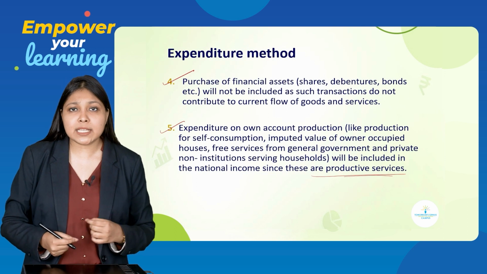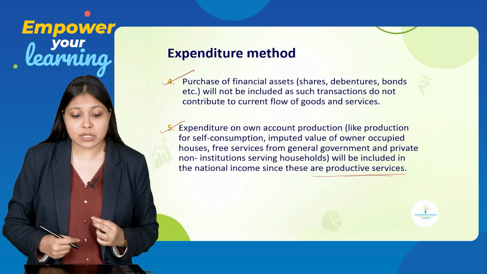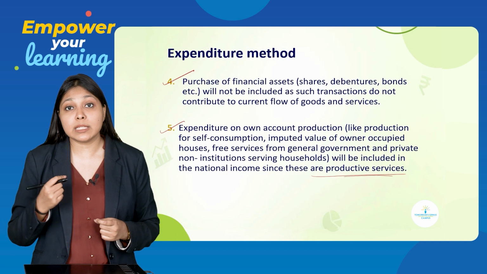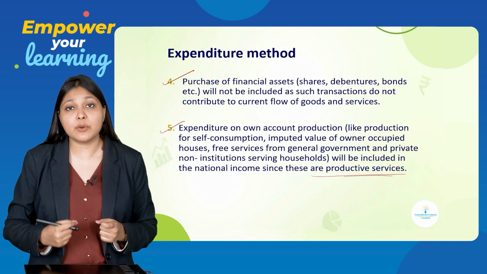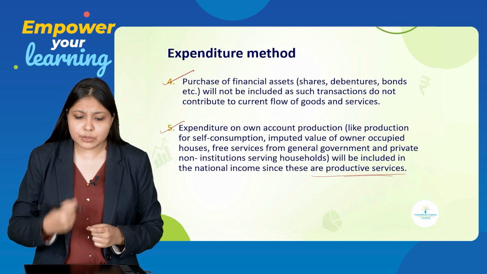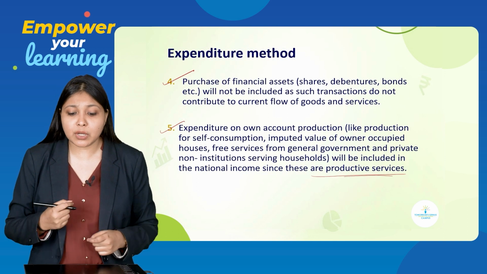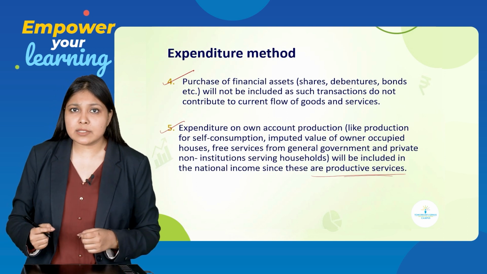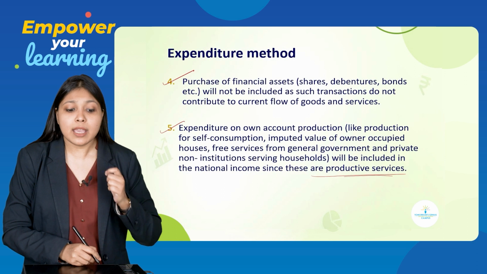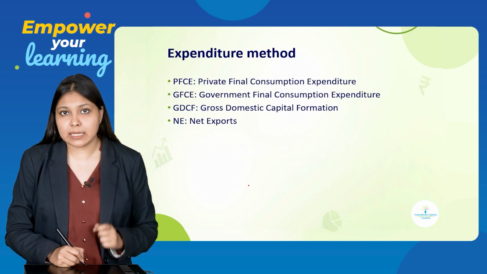That is imputed rent, imputed profit, free services given from general government, everything will be included while computing national income.